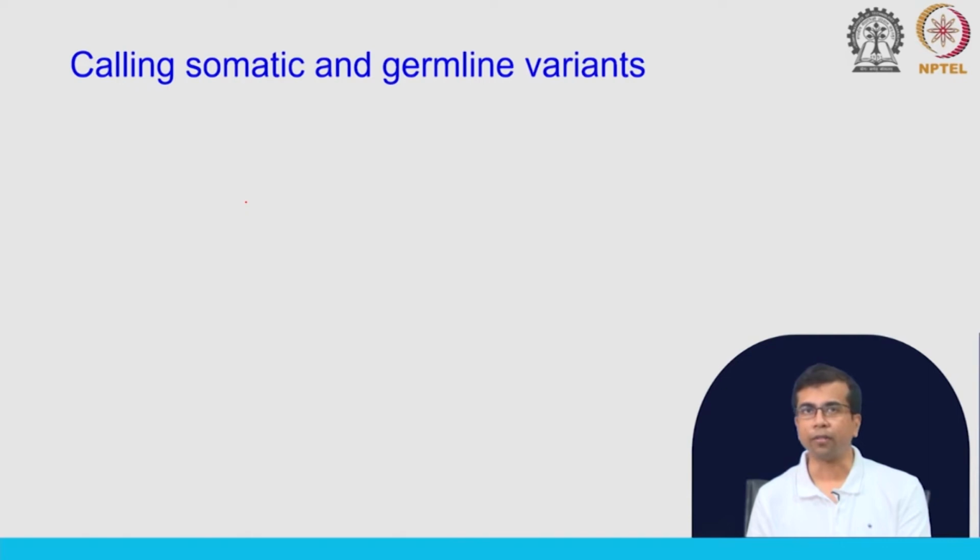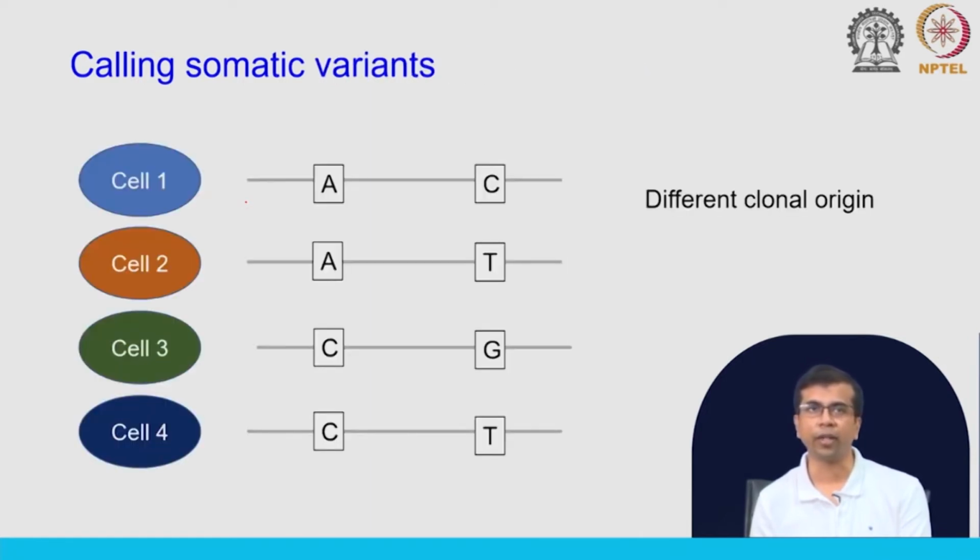So, how do you call these somatic and germline variants? This is important when you are doing variant calling: how do you differentiate between these two? We can remember the definition that we just used. Let us look at how you actually call somatic variants.